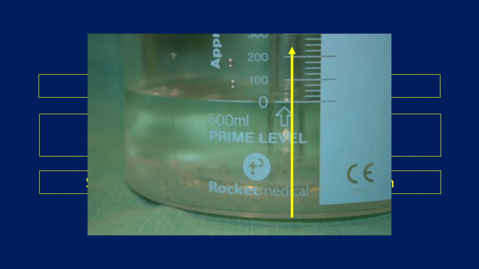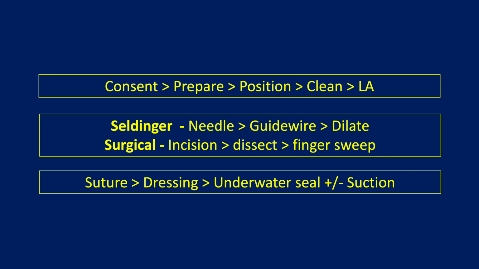Too little fluid may result in air moving back into the pleural cavity during inspiration, therefore reaccumulating a pneumothorax. In comparison, if there's too much fluid, it can result in increased resistance, therefore making exhalation more difficult, and therefore increasing respiratory effort.